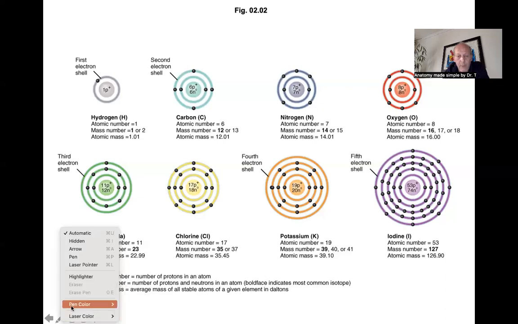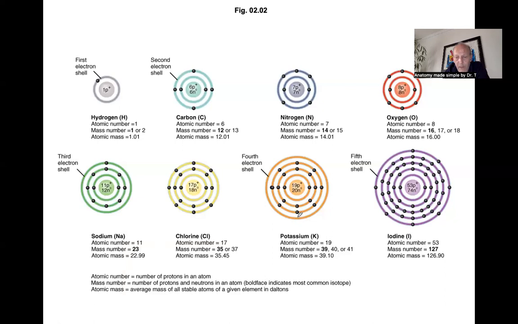We can try to do this together. So I'm just going to use the pen and add 1 more electron into its fourth electron shell. So potassium, like sodium, has the same idea: let me try to get rid of this electron and gain more stability by being part of a molecule.